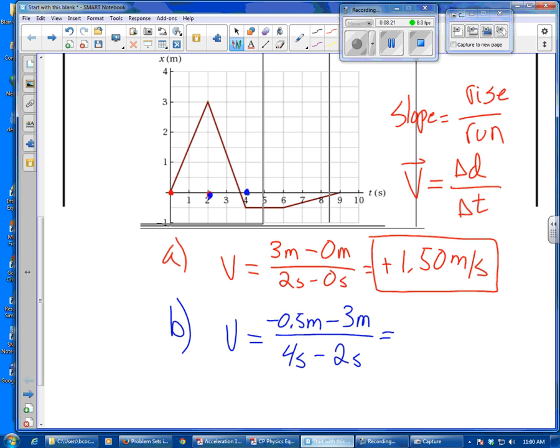All right? So I'm pulling them from the graph. So I'm subtracting its final position minus its initial position. So I end up with negative 3.5 meters up top and 2 seconds down the bottom. Gives me negative 1.75 meters per second. I hope it's correct, and it is.